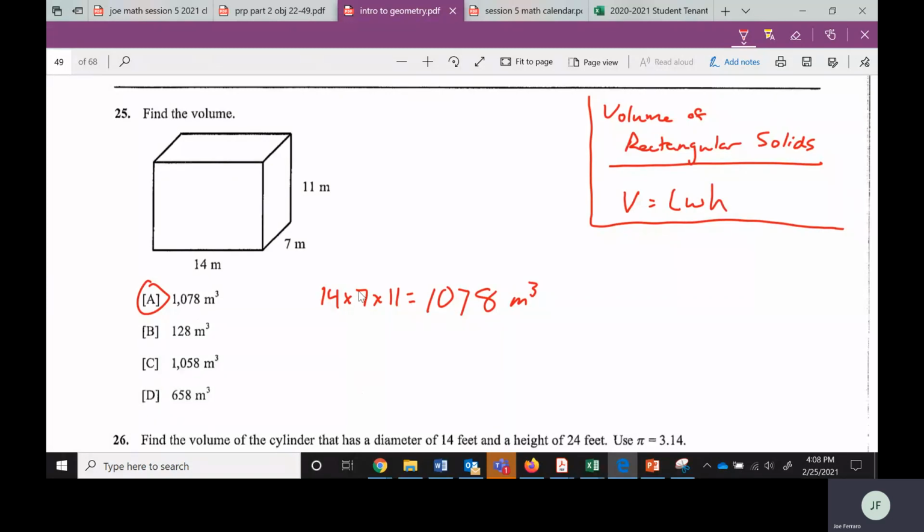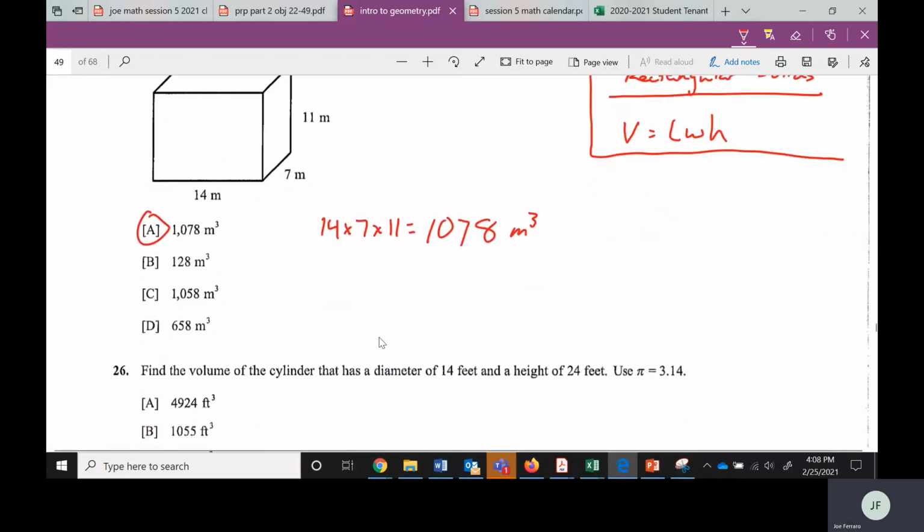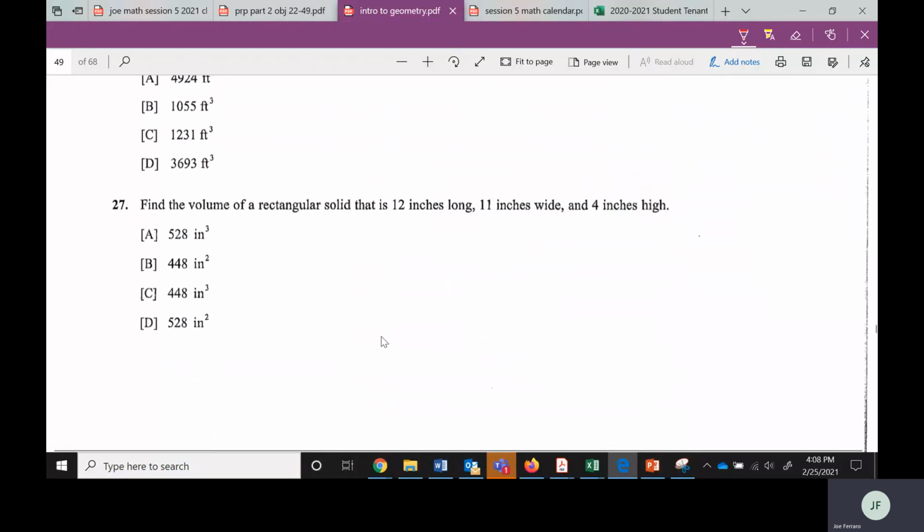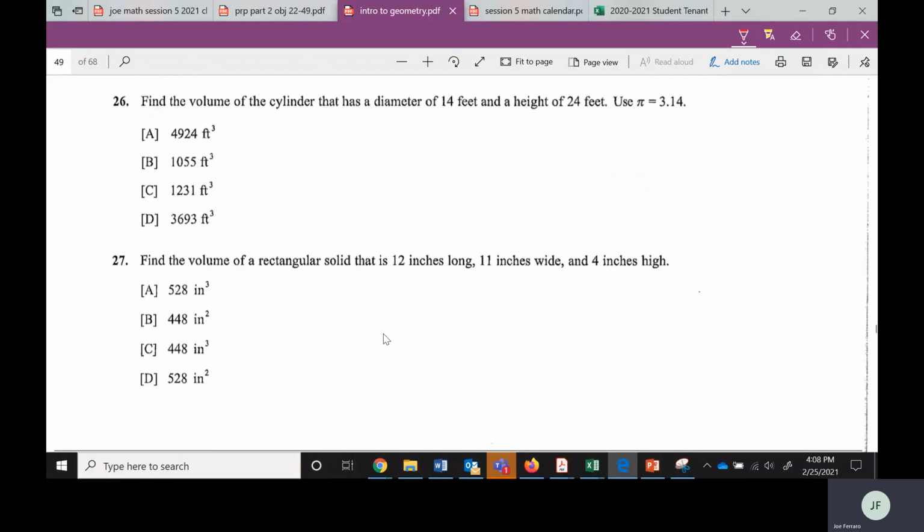Okay. We're going to skip 26 for now. We're going to go to 27. It's going to be similar to what we just did. It's find volume of a rectangular solid. So they're telling you the shape. That is 12 inches long, 11 inches wide, and 4 inches high. Now, a lot of times it helps to draw a picture.